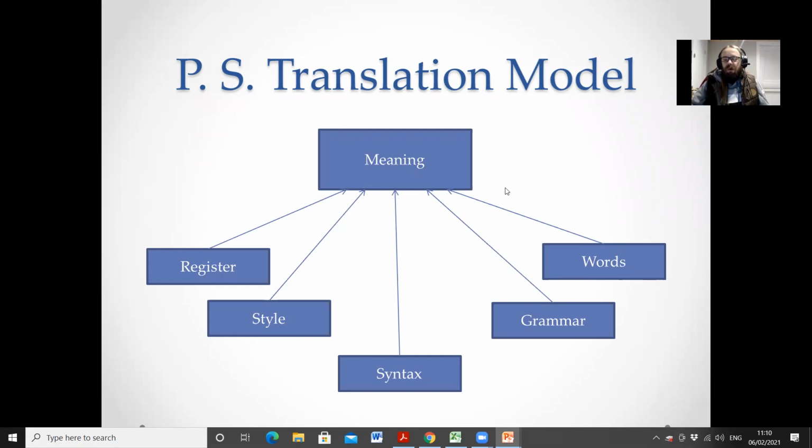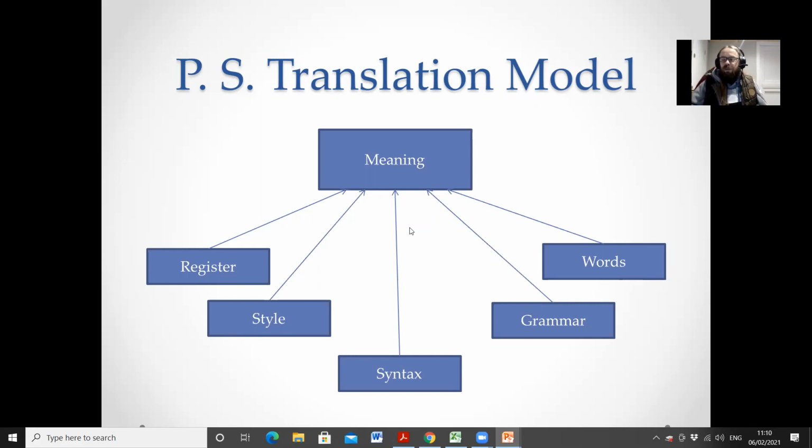And obviously, as linguists, as fluent bilingual speakers, we know that that's not always possible. Quite often there will be an unavoidable loss of meaning in most translations actually.